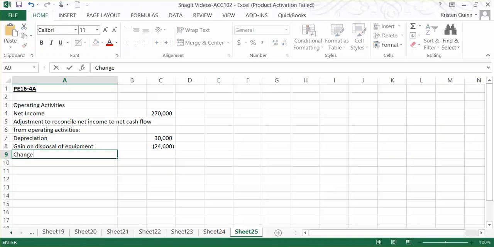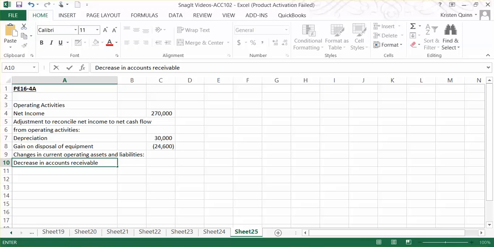Now we can look at the changes in our current operating assets and liabilities. And they've actually already calculated the changes for us. They tell us that we have a decrease in accounts receivable. Remember, when you're looking at the changes in current operating assets and liabilities, you need to consider how that impacts your cash.